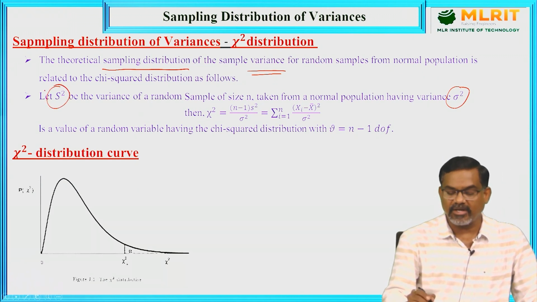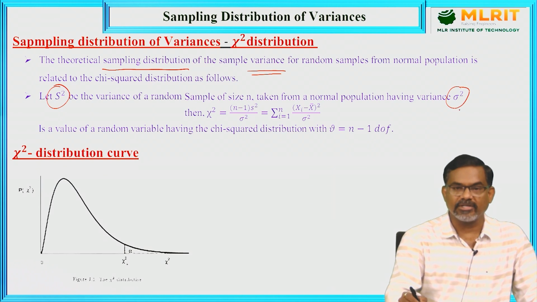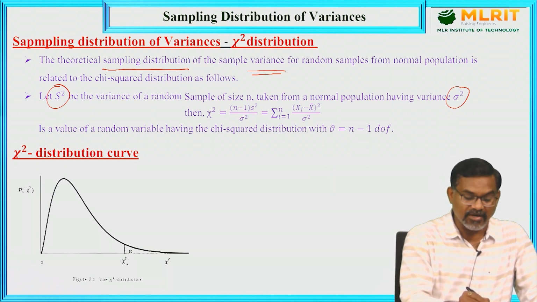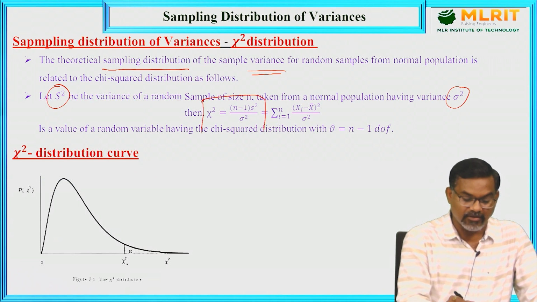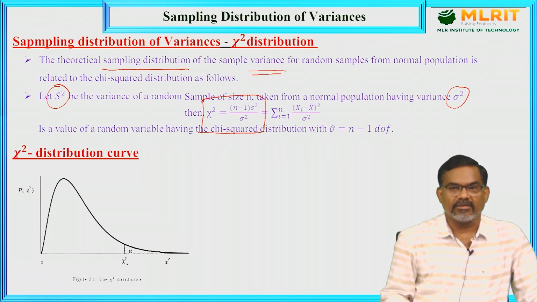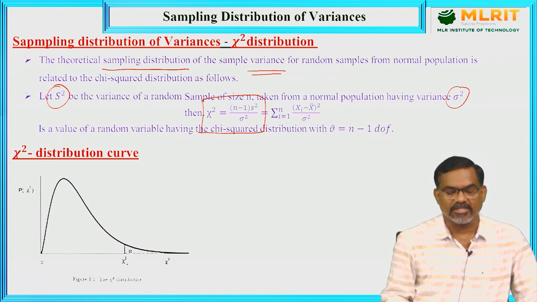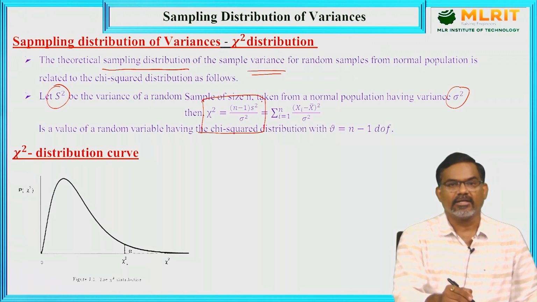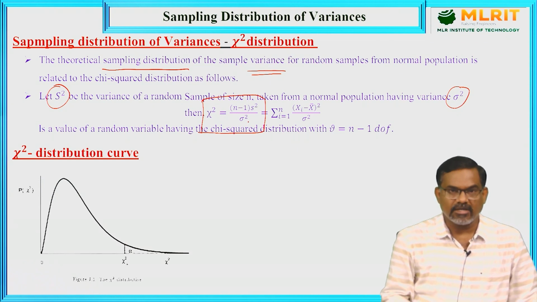So sigma square is the variance of the population, whereas s square is the variance of the sample. Then the chi-square value is given by chi-square equal to n minus 1 multiplied by s square by sigma square. So we consider the sample variance in the numerator and the population variance in the denominator.